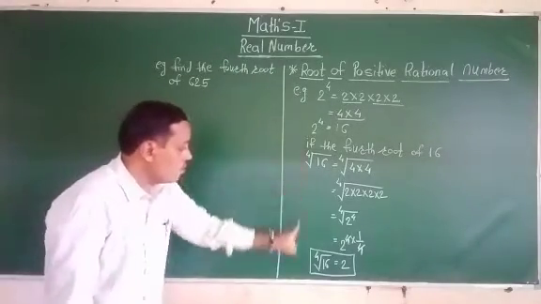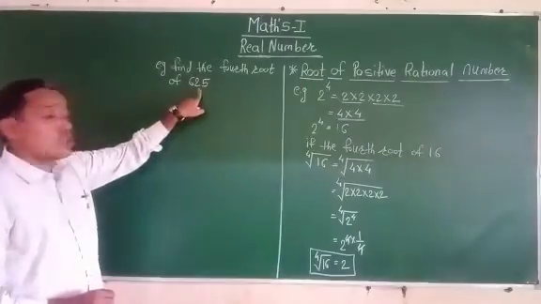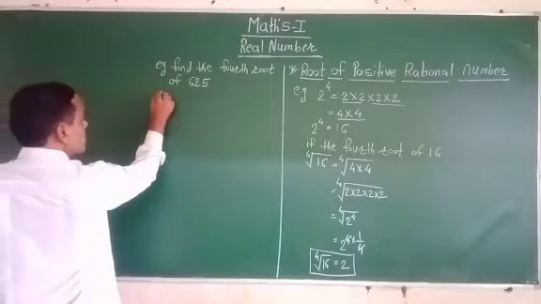We can find it this way. We need to know what the fourth root of 625 is, so let us consider it.